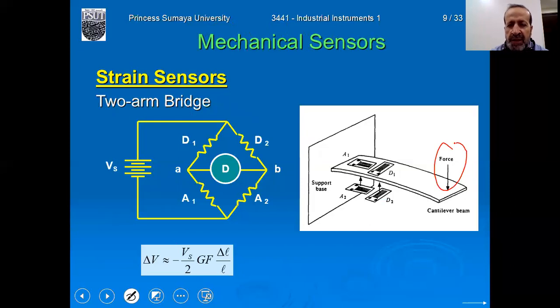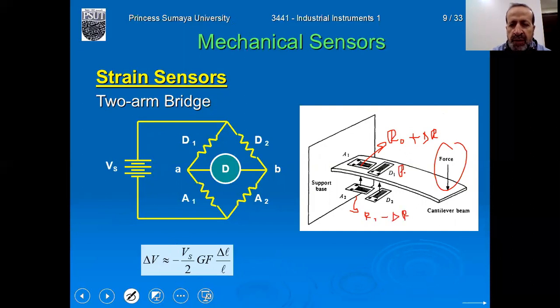So we have a change in resistance. This one is R0 plus delta R, but the active gauge at the bottom of the beam will decrease its length because there is compression here. So the resistance here is R0 minus delta R.